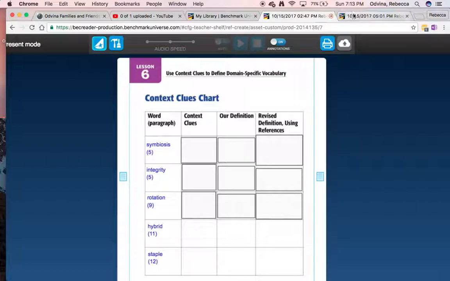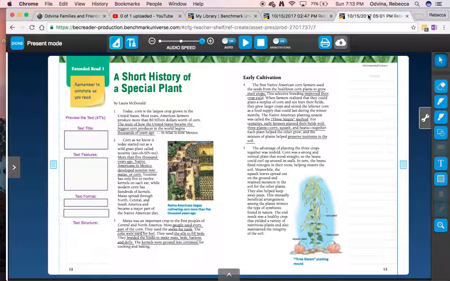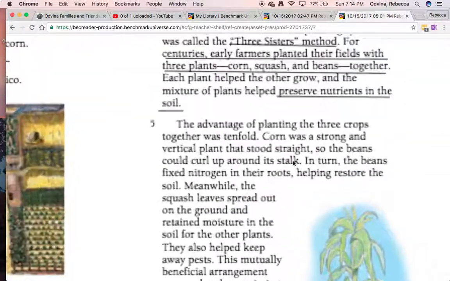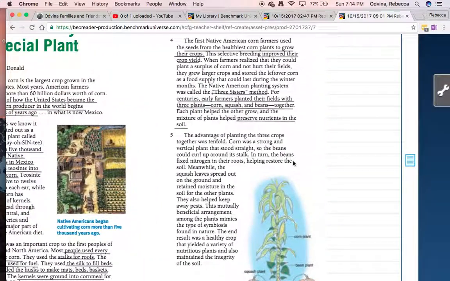So let's look at symbiosis first, and that's in paragraph 5. First I need to find the word. I'm going to make this paragraph a little bit bigger so I can see everything, and I see it right there.